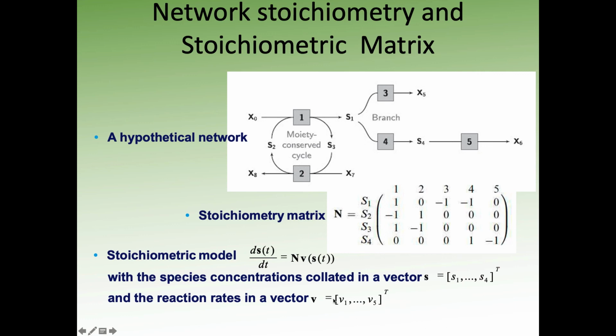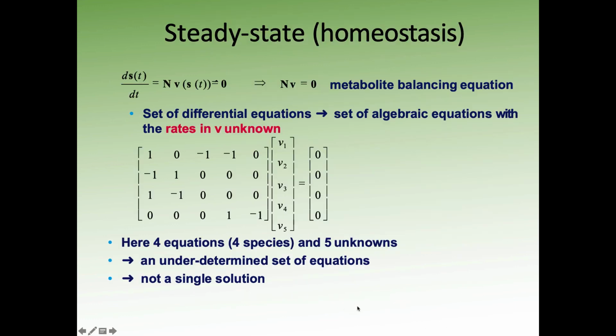We then can also create a vector which would tell us the reaction rates, and assuming we were looking at a steady state homeostasis situation, we can basically say that the metabolic balancing equation is going to be effectively equal to zero.